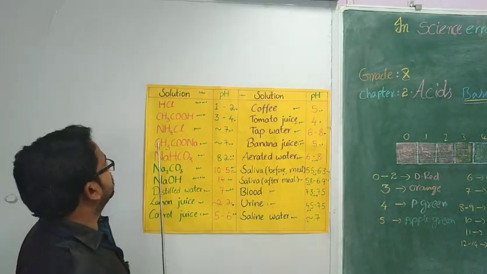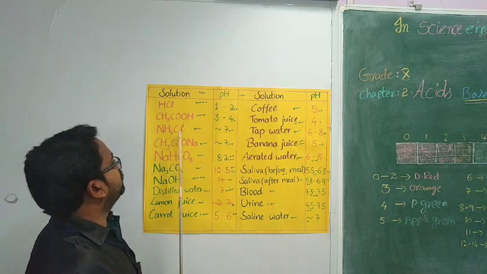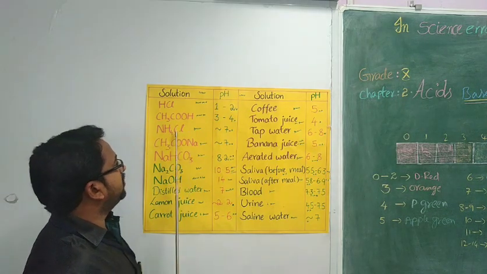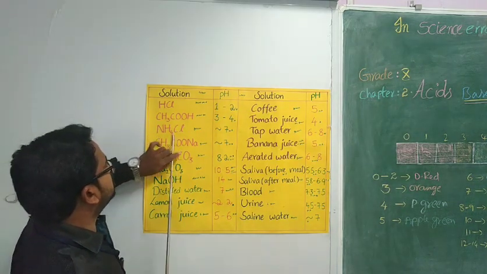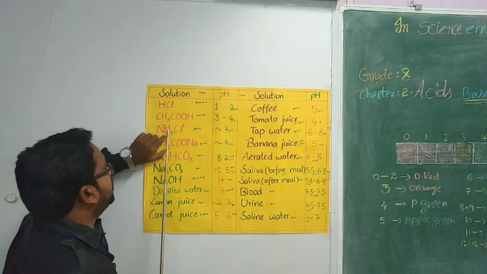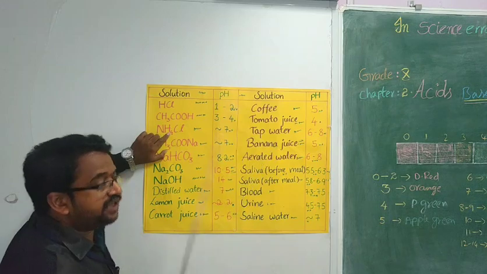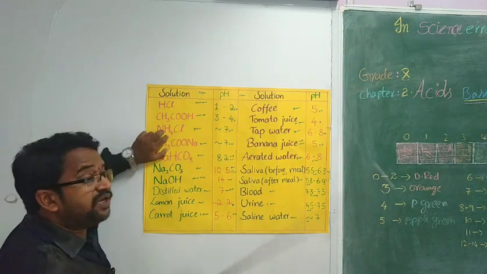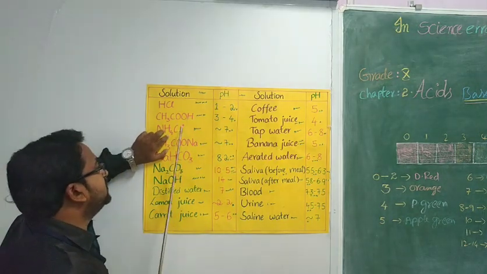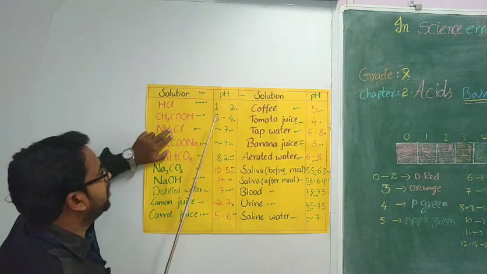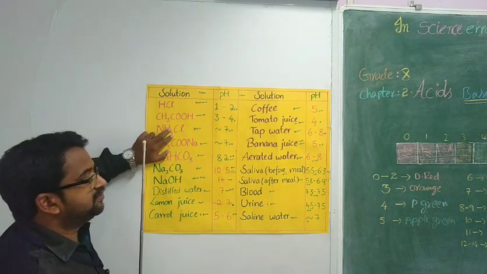Right. Now NH4Cl. Here you have to understand one thing. NH4Cl can be obtained from NH4OH and HCl. NH4OH is a weak base and HCl is a strong acid. But what is the color? Green.